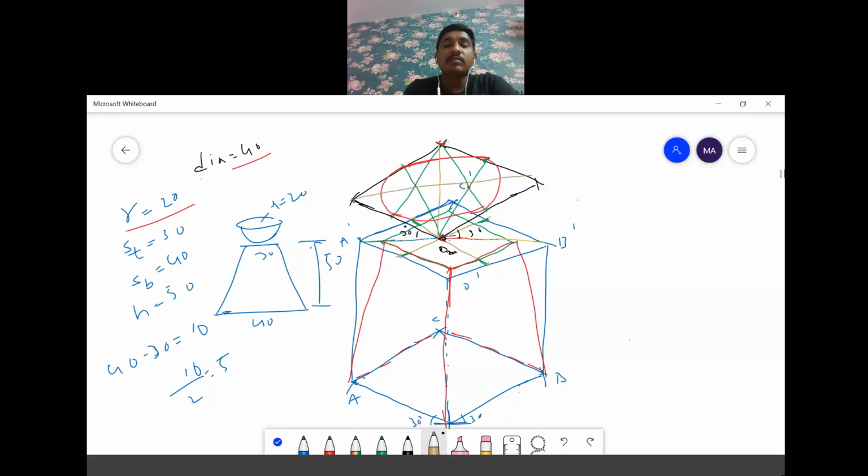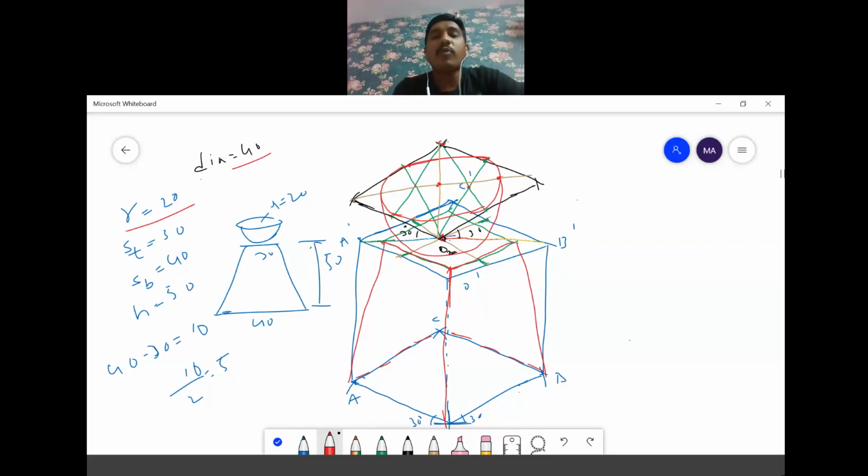Joining the midpoints, from this midpoint I am taking this as a radius, this midpoint to this edge as a radius. I am drawing one circular arc. Understand?